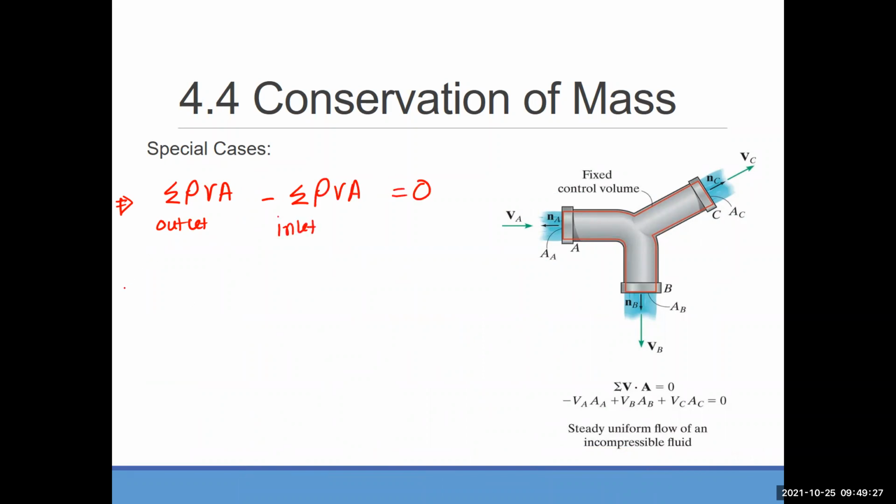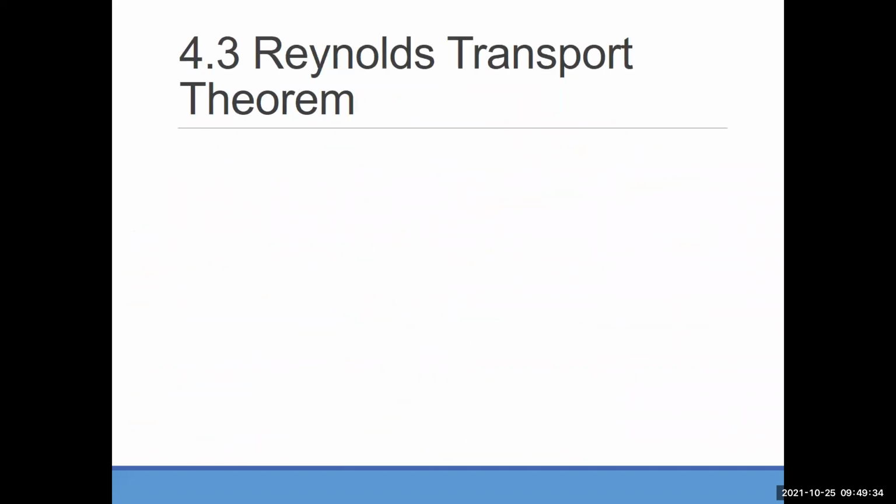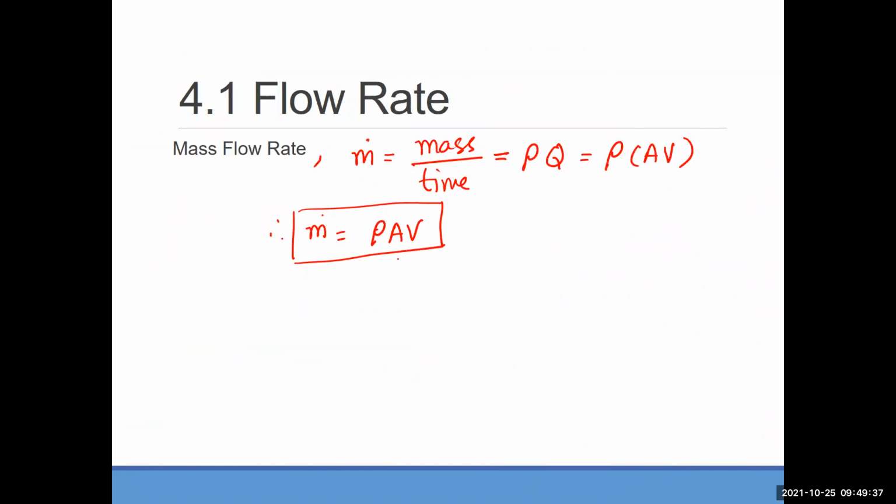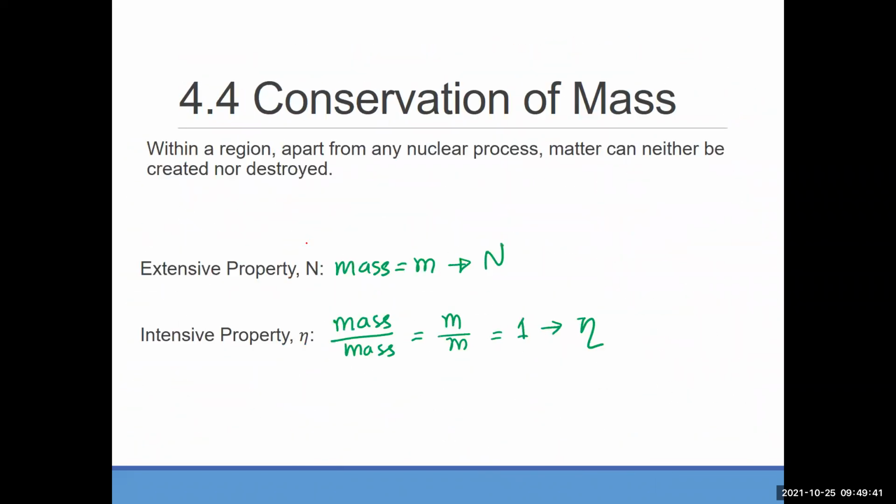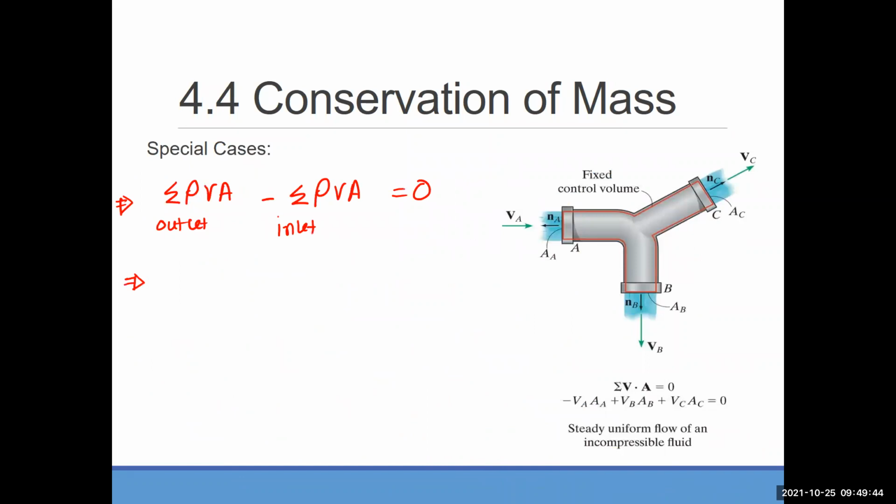Tell me, what is the name of rho VA? M dot. If I go to the very first slide here, rho AV equals M dot, right? That means the summation of M dot outlet minus M dot inlet equals 0. That simply means inflow equals outflow, right?